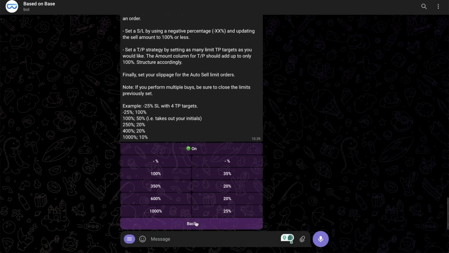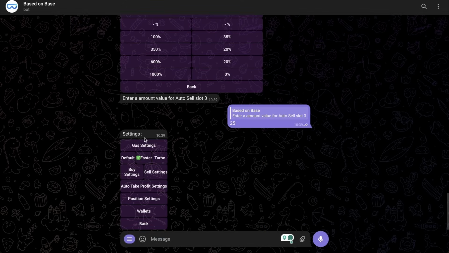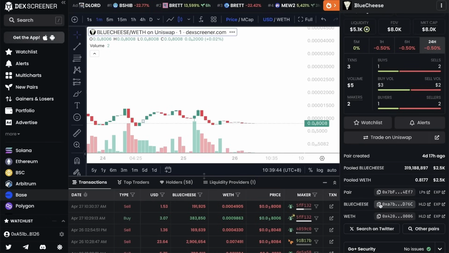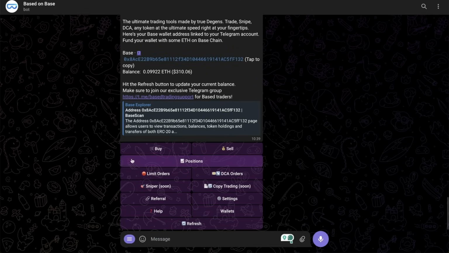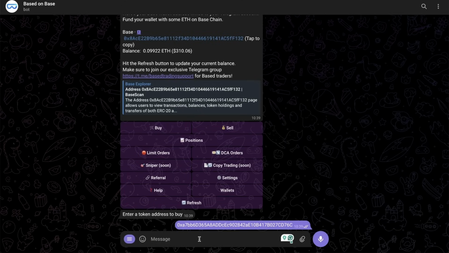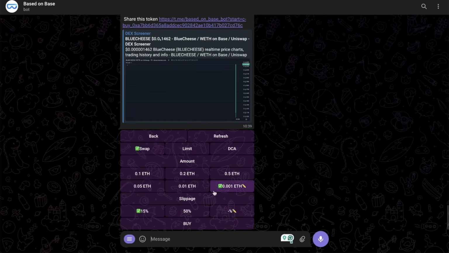So let's go back to our trading. And I'm going to click buy. What will I buy? Some blue cheese, of course. So let's buy some blue cheese. The token address will be this one. How much blue cheese do I want to buy? Let's buy 0.01. This is the custom amount that I set up.